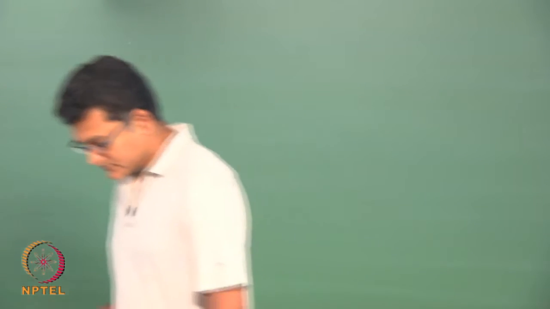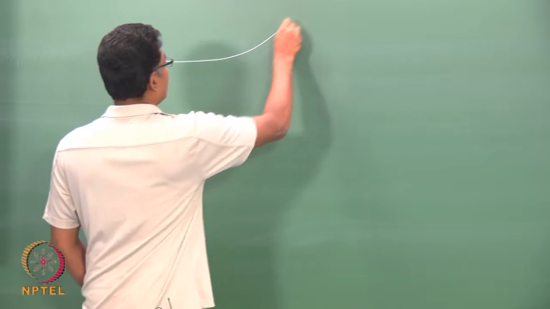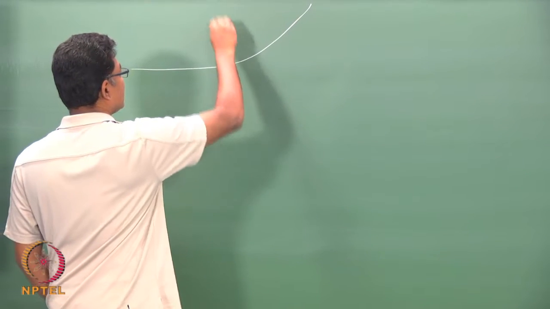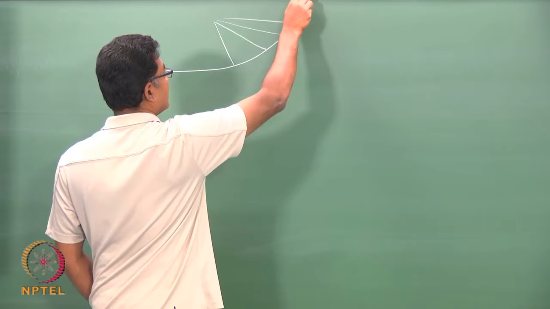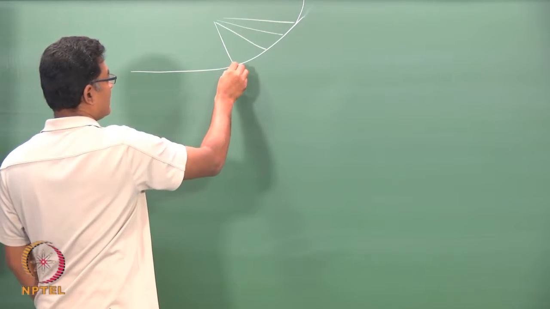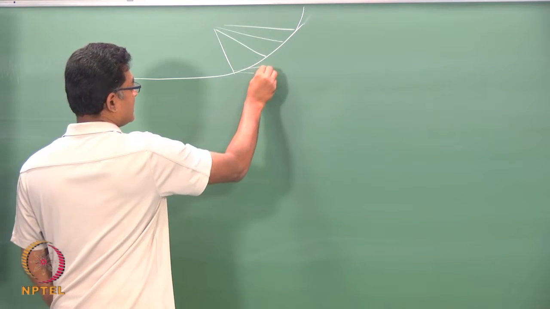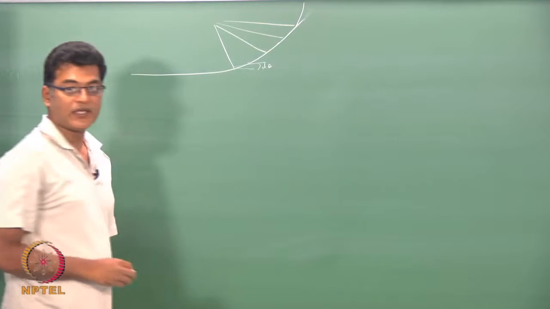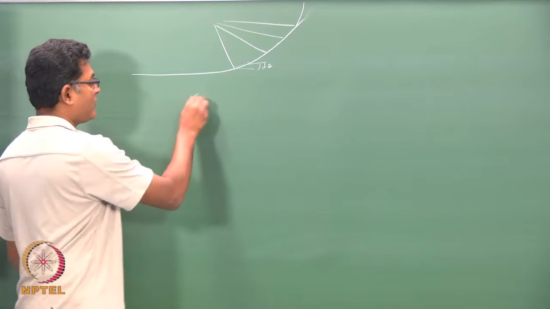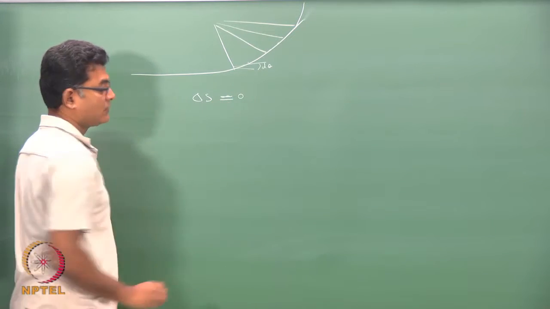So, what I would do here is, when you have a turn like this, we had seen when the flow makes a very small turn d theta at each of these locations, we have derived how the entropy change goes to 0.